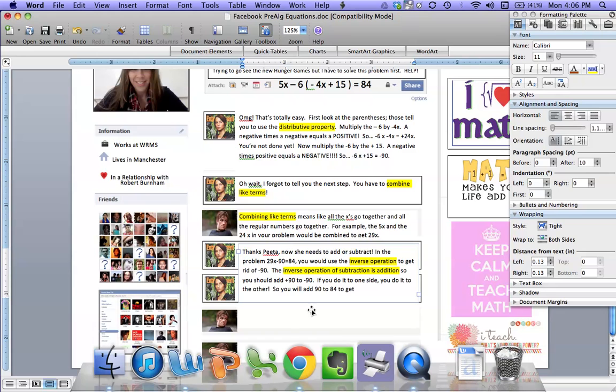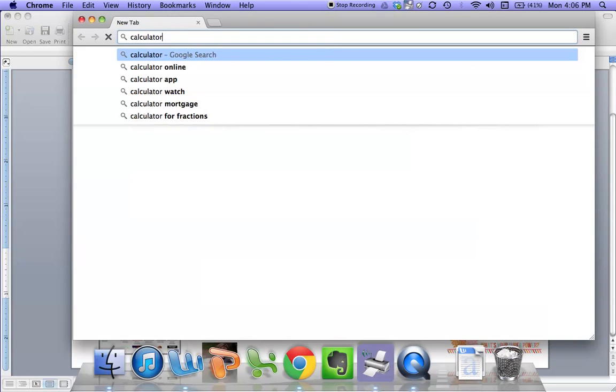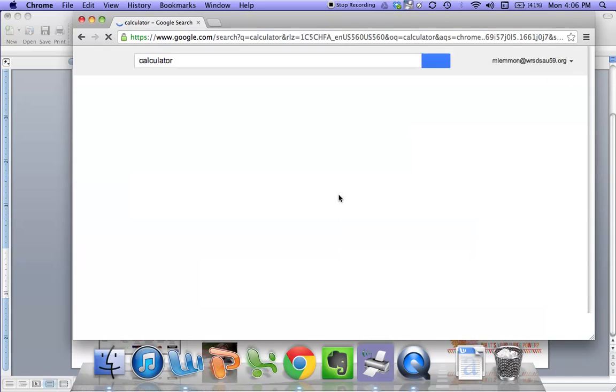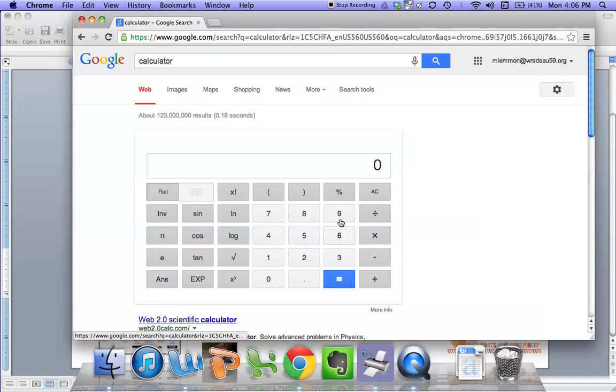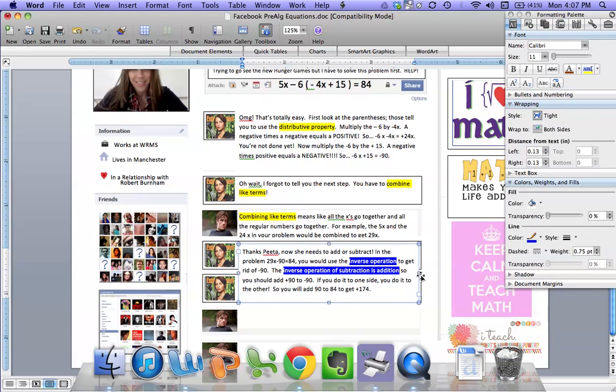I need a calculator. Isn't that sad? I'm so tired at the end of the day. I need a calculator. All right. 90 plus 84 equals 174. I was close. To get positive 174. So Katniss helped us out with that one, but we're not done yet.